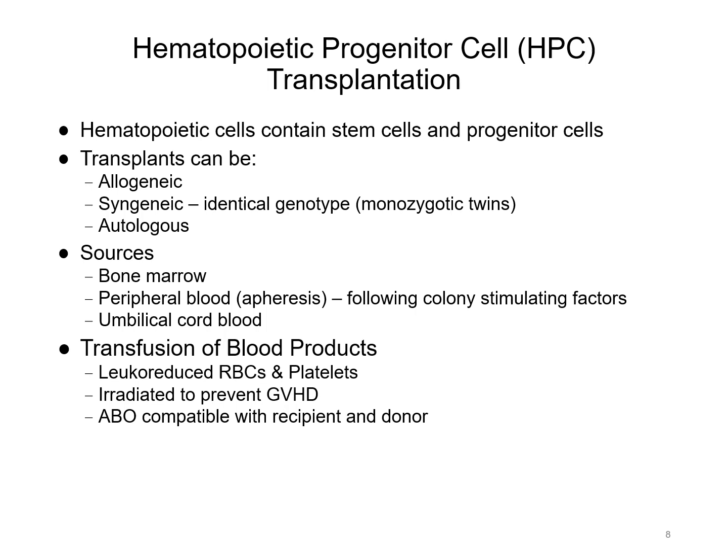With your peripheral blood source, this will be following a colony stimulating factor that is given to the donor, and then a collection is done through an apheresis process. Now, for transfusion of blood products, you would want leukoreduced red blood cells and platelets. You would want to irradiate those units to prevent graft versus host disease, and they should be ABO compatible with the recipient, as well as the donor stem cells themselves.